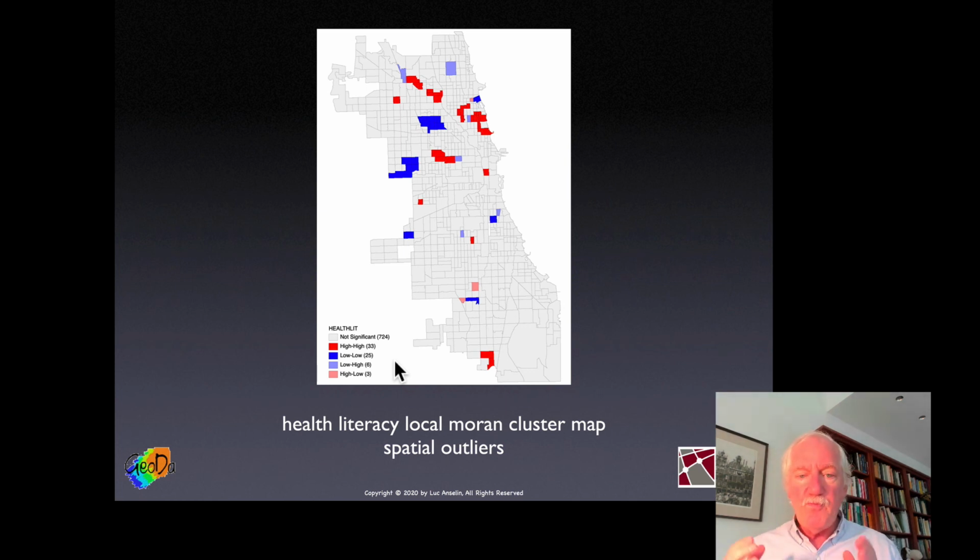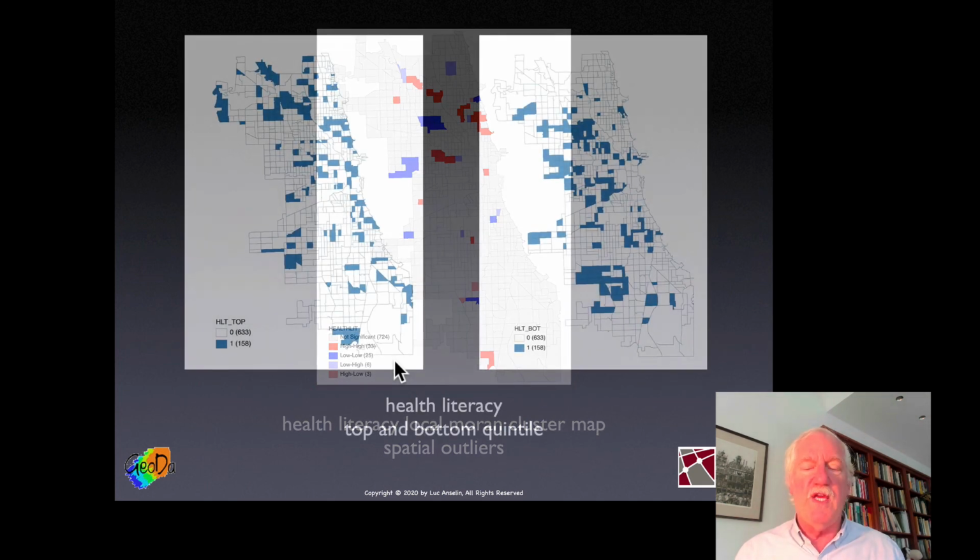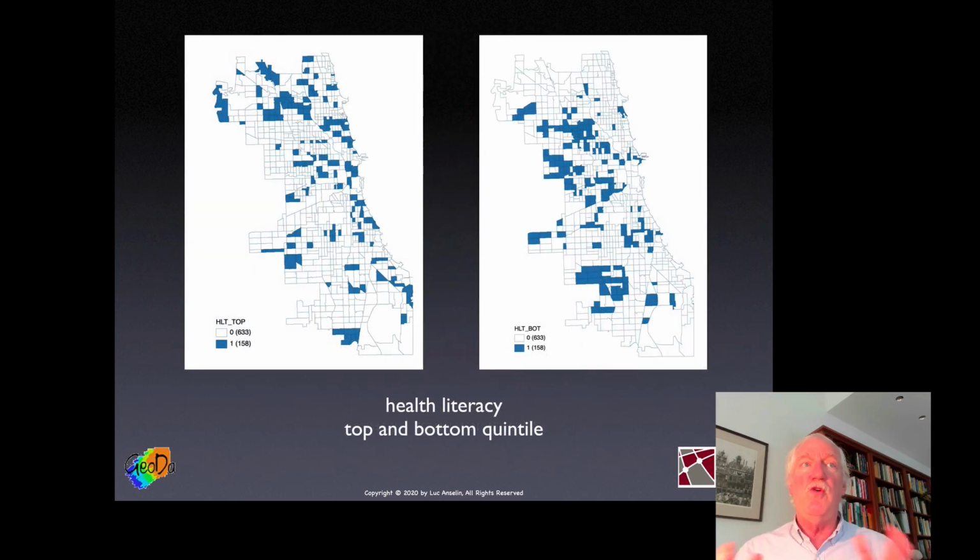And so the way we go about this is we again create 2 binary variables, 2 0-1 variables, one for the top quintile and one for the bottom quintile. So we have 158 for each. Now, in this case, clearly you cannot have collocation because you cannot be both in the top or in the bottom quintile, but we have an interesting notion of negative spatial autocorrelation of spatial outliers.